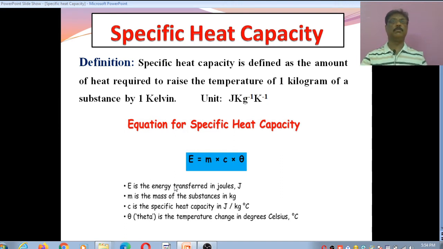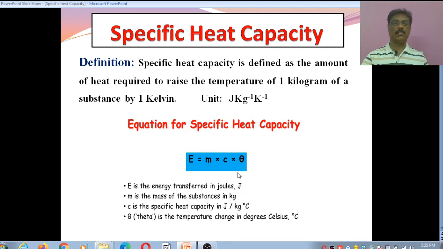Second, m is the mass of the substance in kilograms. c is the specific heat capacity of the substance in joule per kilogram per Kelvin. This is the main term: c is the specific heat capacity of the substance.